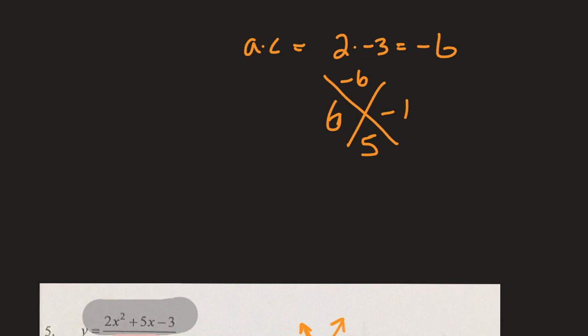So 2 times -3 is -6. So we are looking for numbers that multiply to give us -6 and add to give +5. Those numbers are 6 and -1. Now, what we do with our 6 and -1 is we split your 5x into these 2 values. We split it into a 6x and a -1x.